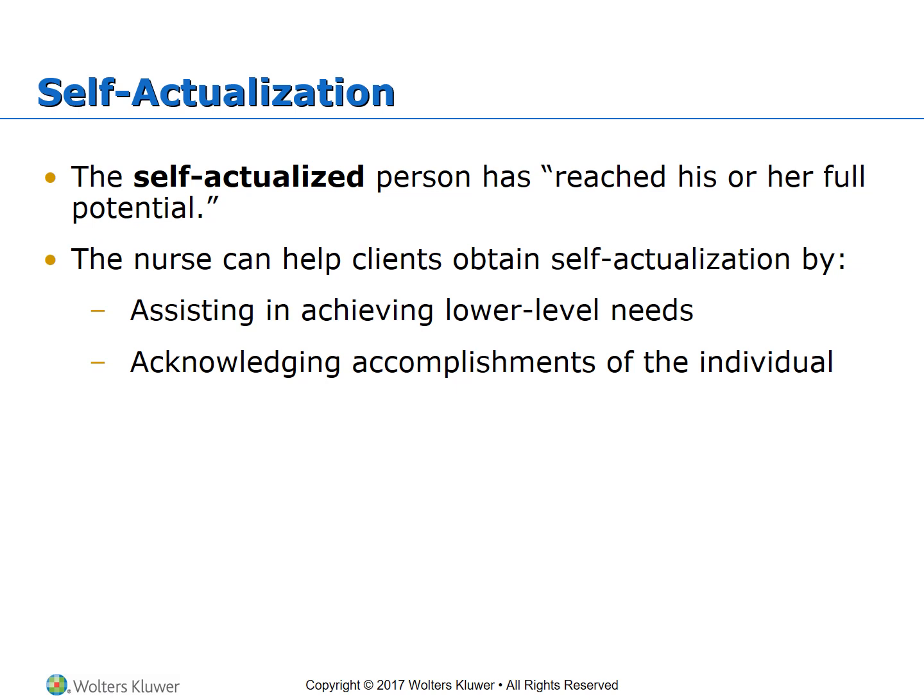Providing measures to help them sleep is physiologic. And sitting with a client who has received a terminal diagnosis meets their love or esteem needs. So those are different ways that we can assist a client in achieving their lower level needs to obtain self-actualization.